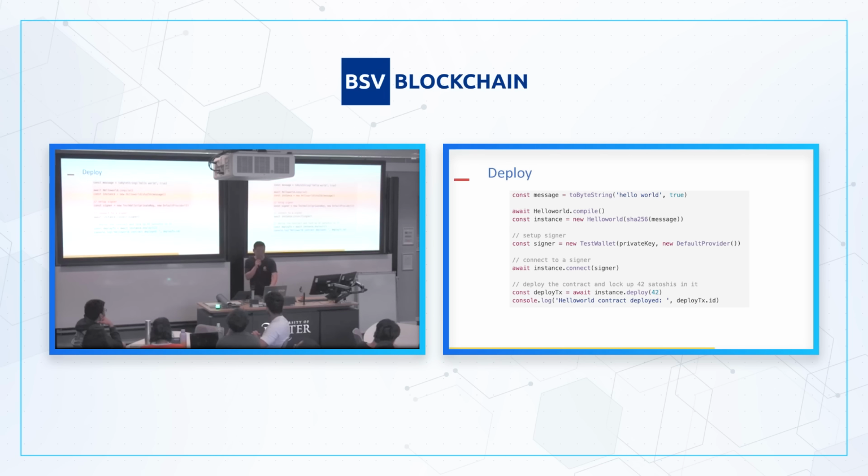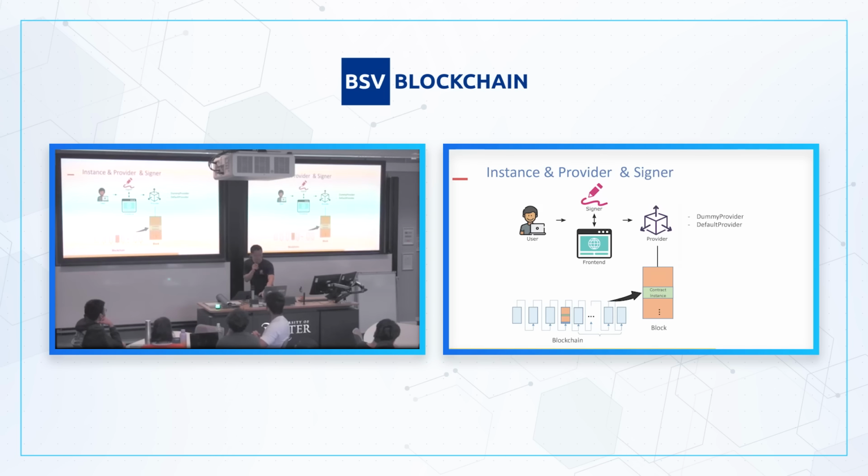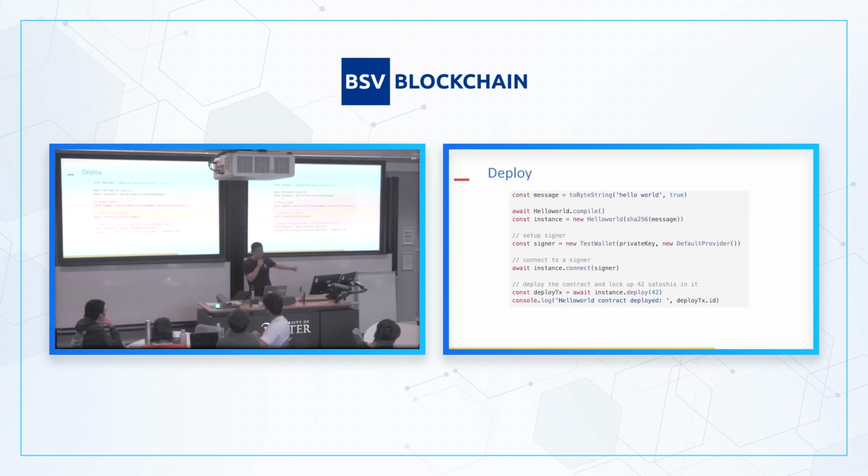The signer, as we talked about earlier, you can almost regard as a wallet. It's not always a wallet, but you can regard it as one. We also provide a simple signer called TestWallet. Again, as the name suggests, it's mostly used for testing. You can give it a private key, and that's the signer.